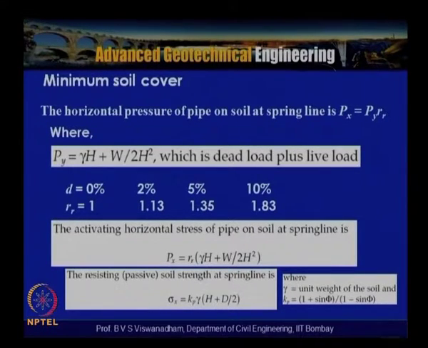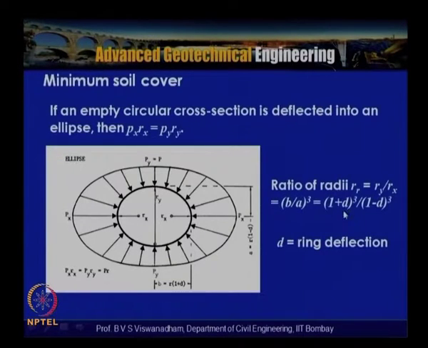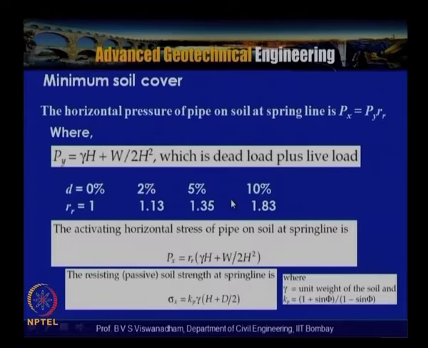For D equal to 0, the ratio of radii is equal to 1. For 2% deflection, 5% ring deflection and 10% ring deflection, the ratio of radii is equal to 1.13, 1.35 and 1.83. So the ratio of radii is 1.83 for a ring deflection of 10%.